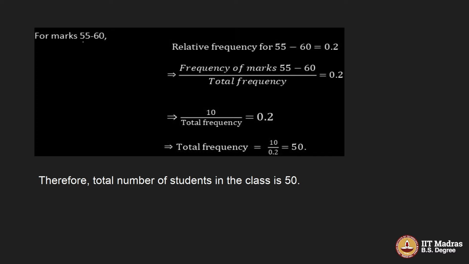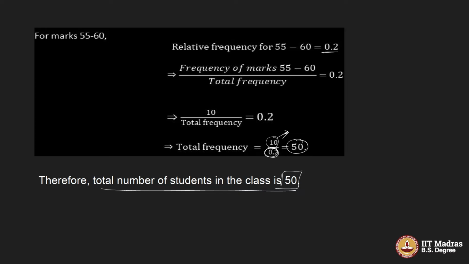For marks 55 to 60, the frequency is 10 and the relative frequency is 0.2, so by the equation we get 50. So the total number of students in the class is 50.